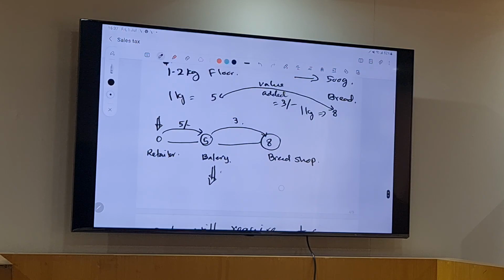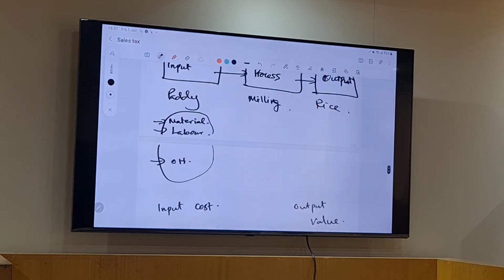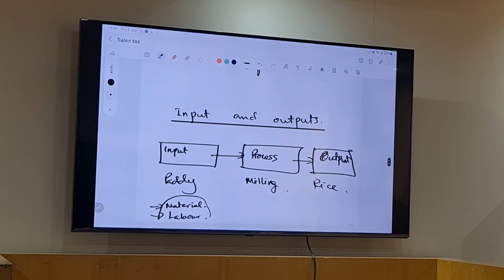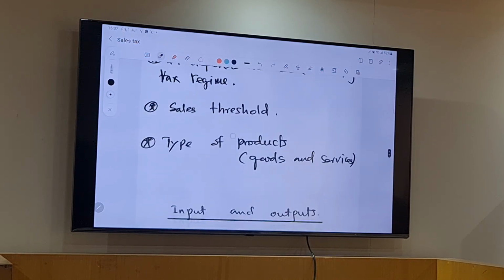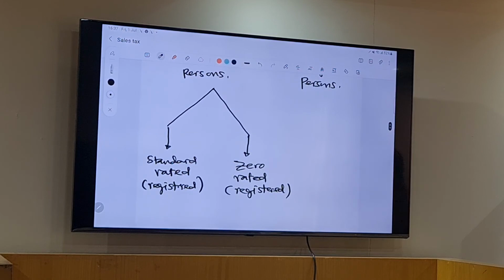So anyway, now I was talking about standard rated and zero rated, as I told you. If someone is a standard rated person, he should pay and charge sales tax at the prevailing rate. So this person should incorporate sales tax in all his input and output.